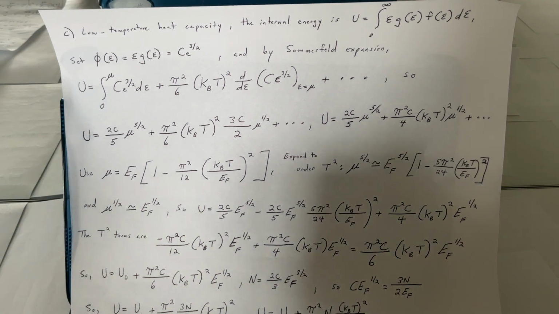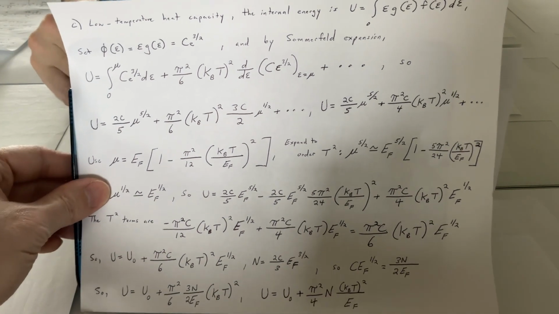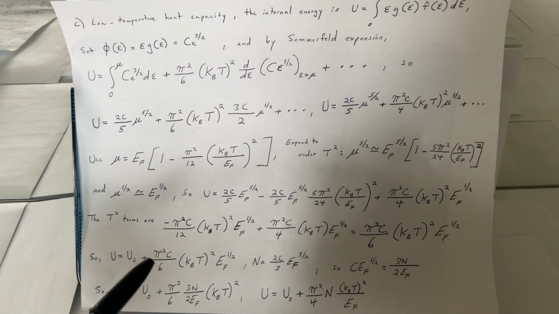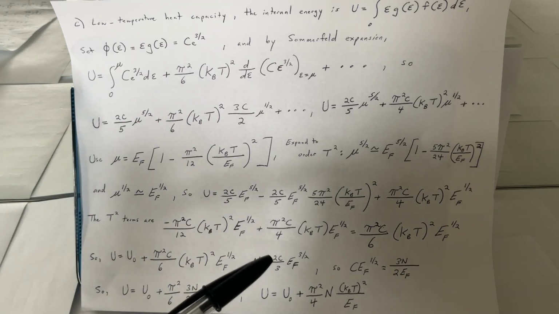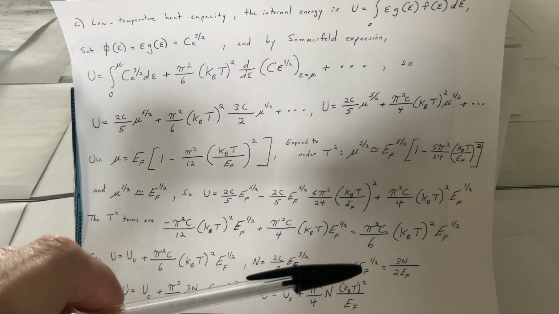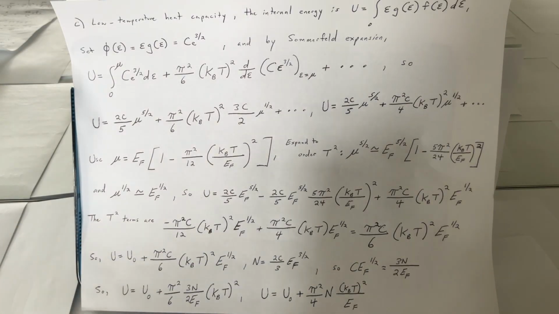So from here, what we have is U equals U_0 plus pi squared c over 6 times (k_B T) squared E_F^(1/2). And from there, N equals 2c over 3 E_F^(3/2). So c E_F^(1/2) is 3N over 2 E_F.